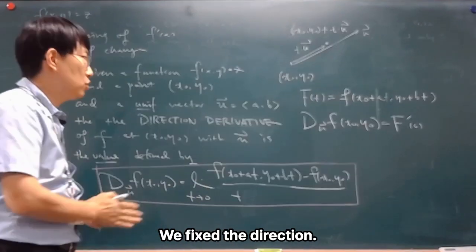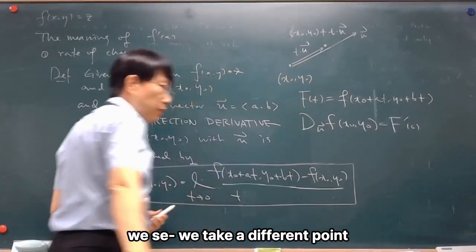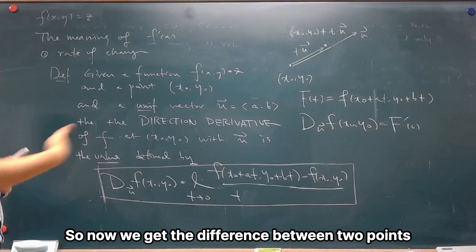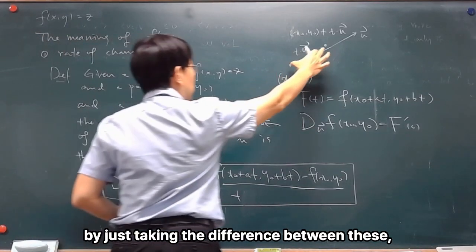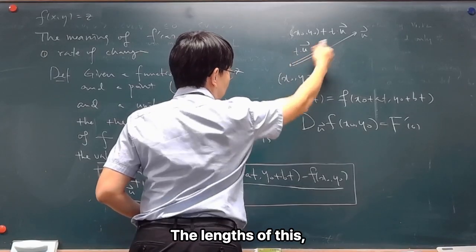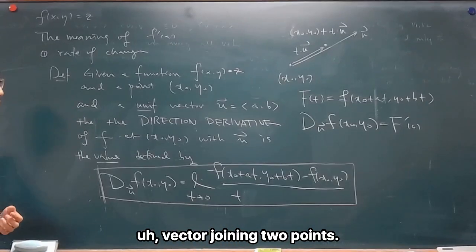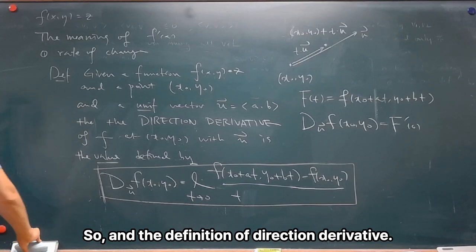We fix the direction, but then by changing t, we take a different point from that fixed point. So now we get the difference between two points by taking the length of this vector joining the two points. So that's the first meaning, and the definition of the directional derivative.